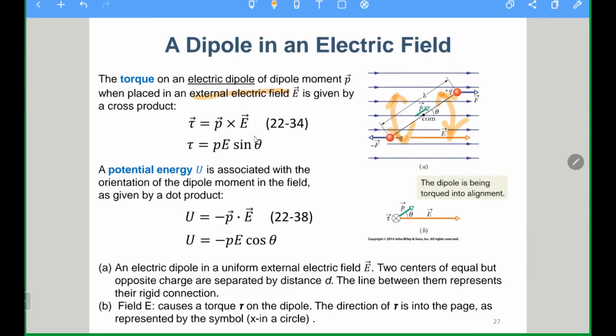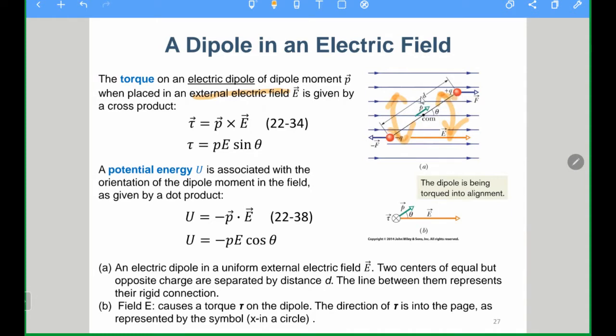I suppose you have learned the cross product in high school physics. So you may know that the magnitude of the torque will be P times E times sine theta, where theta is the angle between the vector P and the vector E. For instance, in this figure, suppose the E field is pointing to the right uniformly, and this is a dipole, with the negative charge here and the positive charge here.